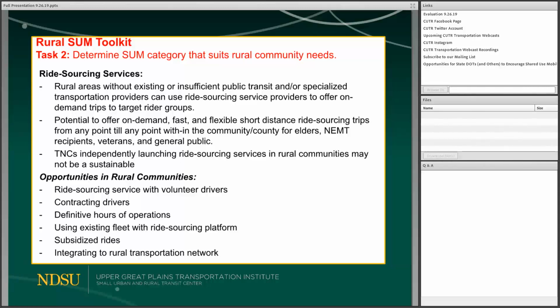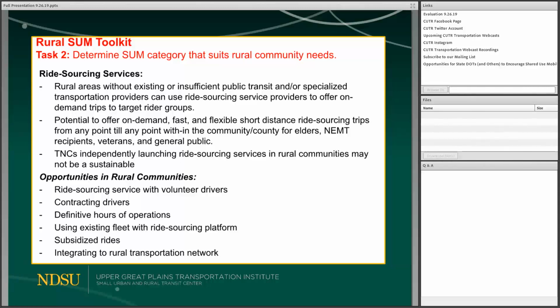If a person wants to take a ride sourcing trip, say at an off-peak time, getting a trip on a regular ride sourcing platform could be impossible, but it is important for the service to be available throughout the day, so a rider could get a trip within the defined time frame.